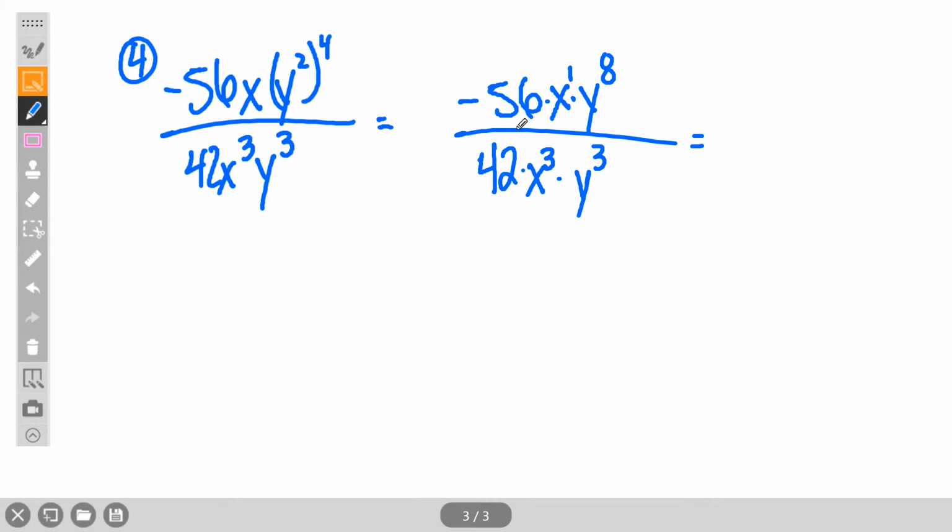So I will simplify negative 56 over 42. Okay, so this is 8 times 7, and this is, no, that's not going to work. 8, 4, and 2, 14. I think 14 goes into both of them, but I'm not sure.